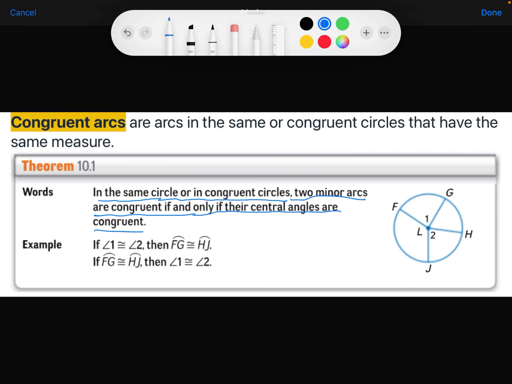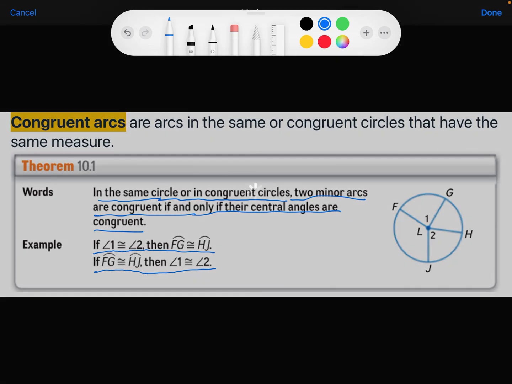The if and only if tells us that if the two angles are equal, then the arcs are congruent, or if we know the two arcs are congruent, then the central angles are also congruent. So it goes both ways. That's what the if and only if means. So let's apply this.